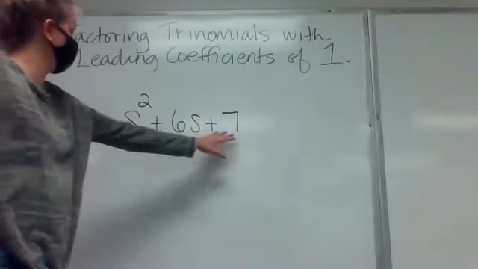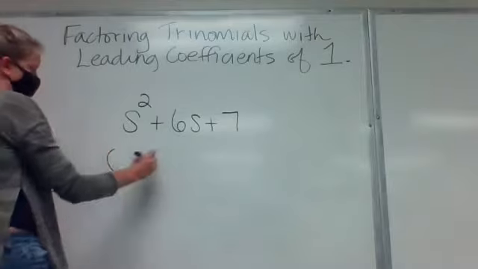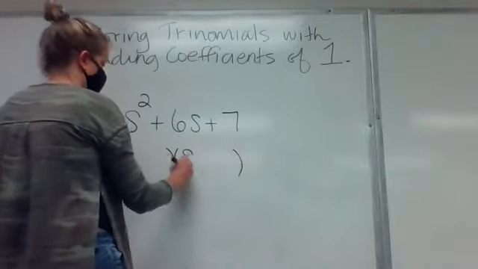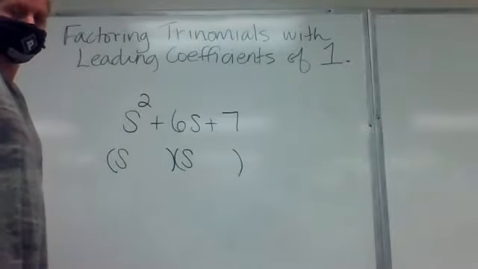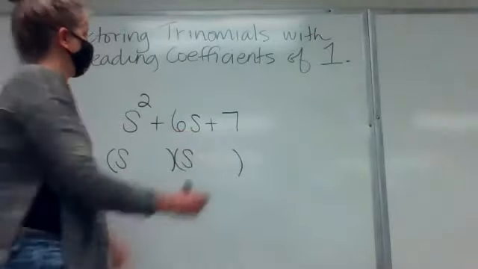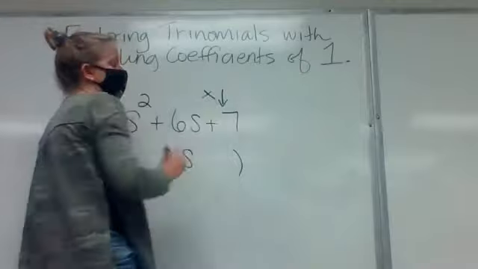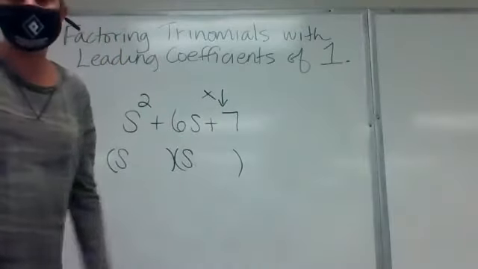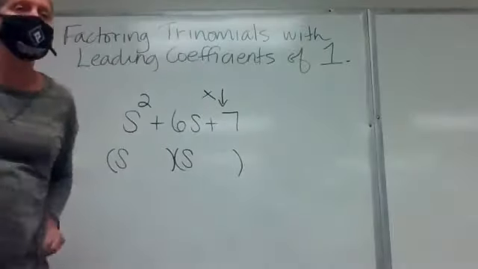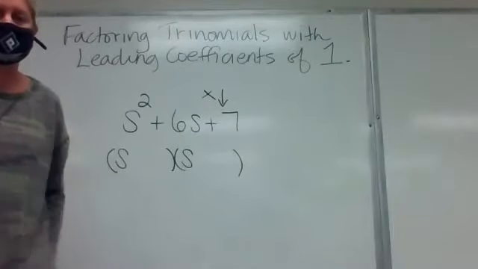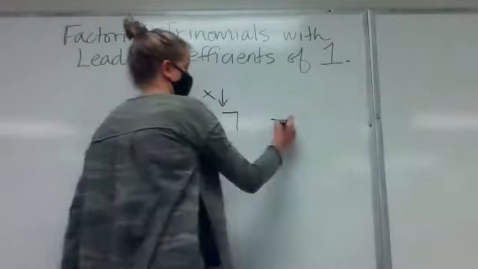Again, trinomial, leading coefficient of 1, which means it is automatically s and s. What do your numbers have to do? Multiply to equal positive 7. You know what? I'm not even going to go to my calculator for this. I know off the top of my head how to multiply to equal 7. There's only one way to do it.